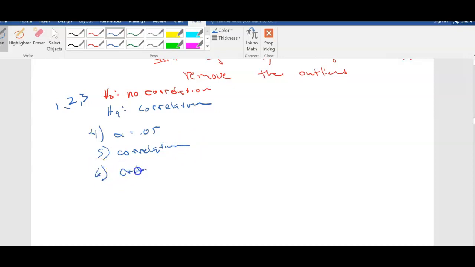So we look at our critical R, and our critical R is plus or minus 0.28756. Our R correlation coefficient is 0.82031. When I graph this, it helps me figure it out.